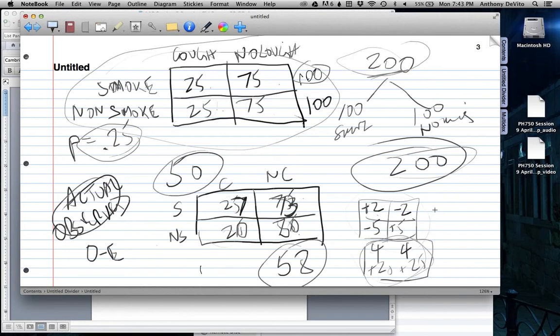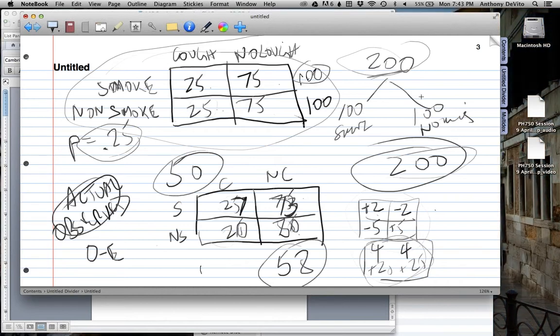The way we're going to formalize this is we're going to calculate the statistical value that we call chi-square. It's no more complicated than what I've already done here. I'm going to start on another page, so we'll use the same numbers. I'll make up a new number for the observed values.